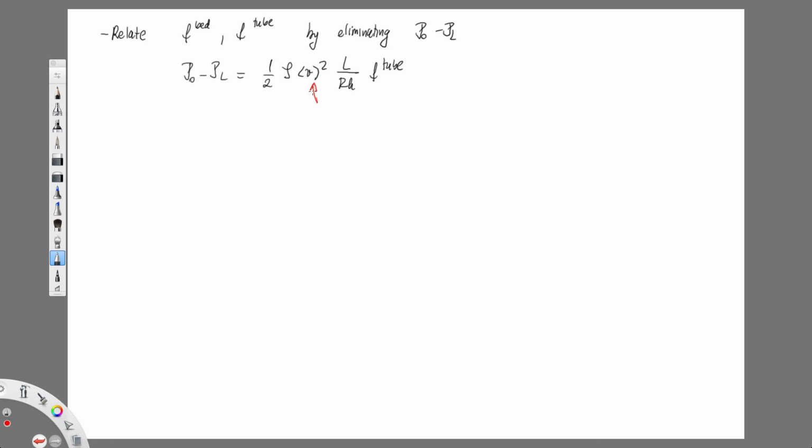And this part is actually my V0 square over phi square. So I can plug into F bed. And that's just a little bit of algebra, dot, dot, dot. F bed is 1 over 4 phi square dp over RH F tube.